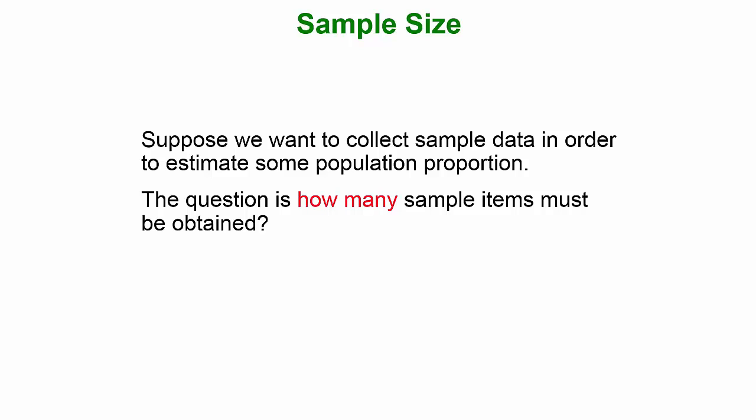Okay, so now that we've learned how to set up a confidence interval estimate that contains the true value of the population proportion, now we want to know how to collect sample data in order to estimate that population proportion. So we need to know how many do we need to obtain for our survey or for our research.